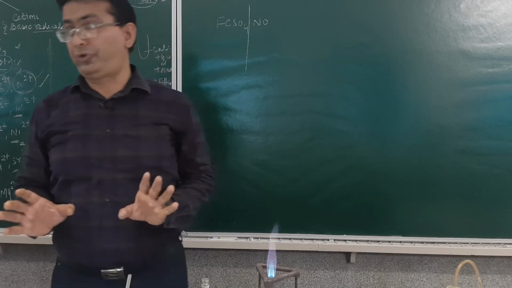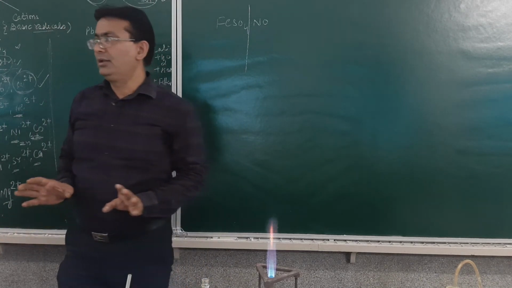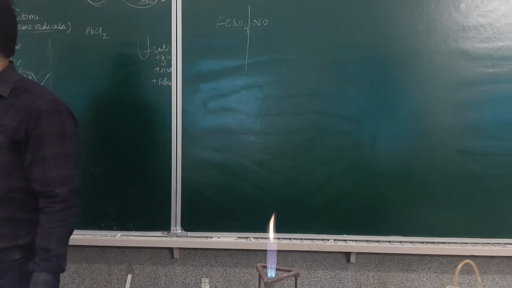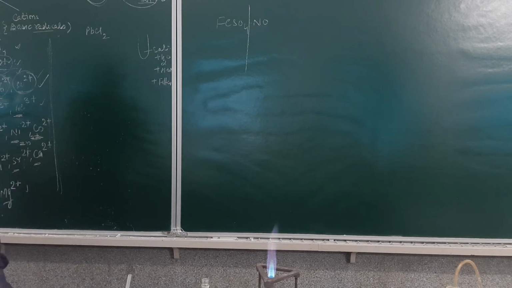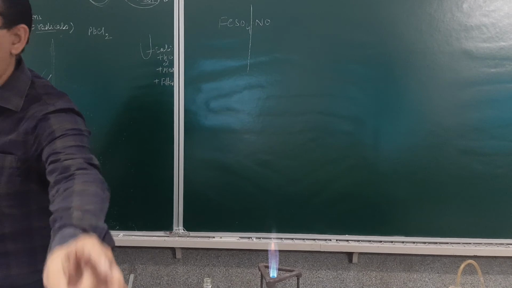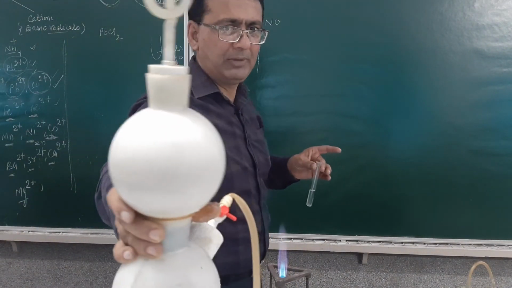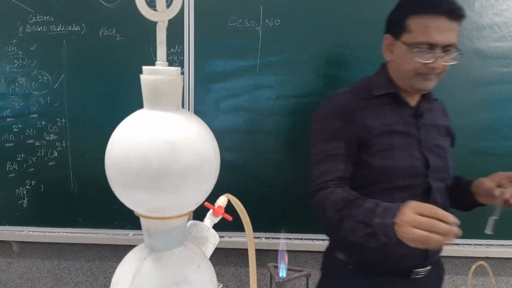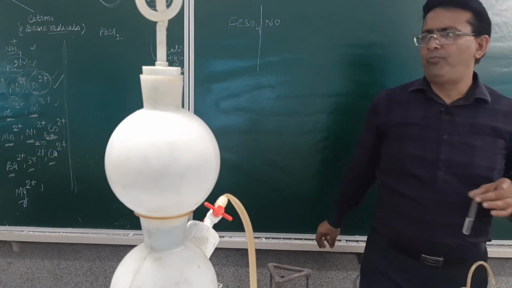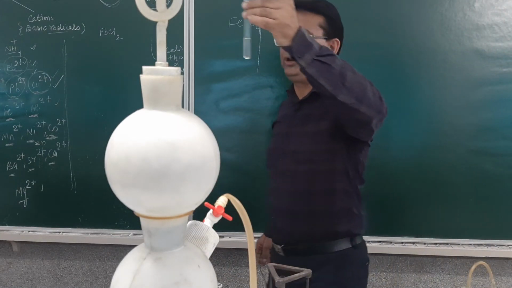Now see one more thing. Suppose the group number 1 is absent, so lead is not present, what will we do? We will shift to the group number 2. How do we shift to the group number 2? In this group number 2, we will pass hydrogen sulphide gas through this filtrate.